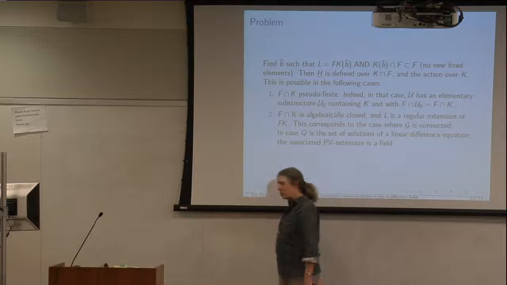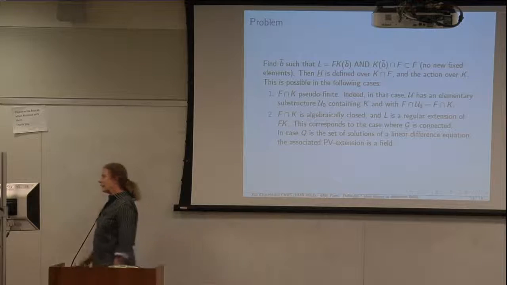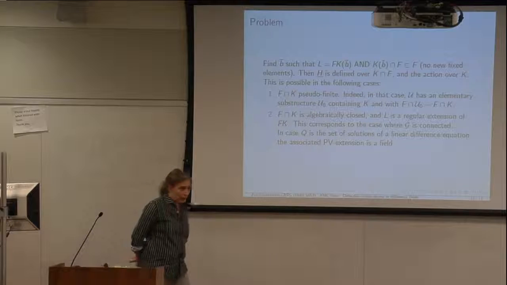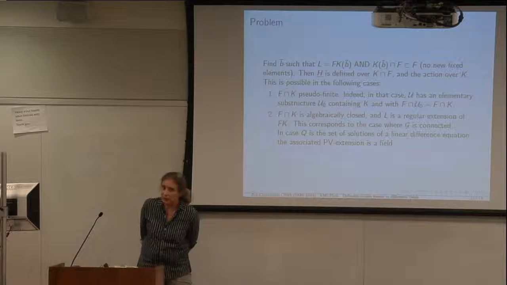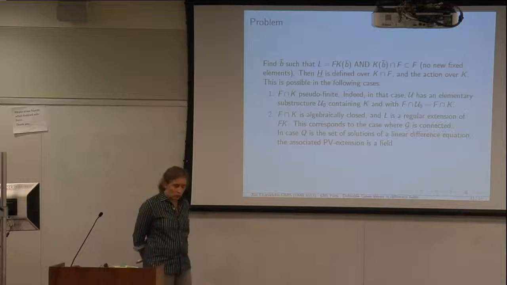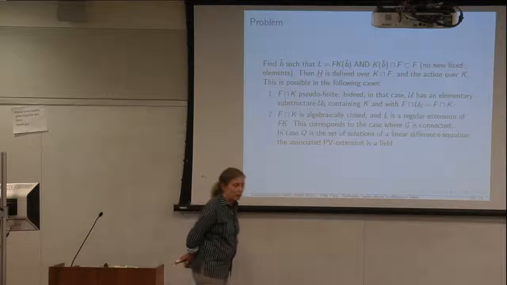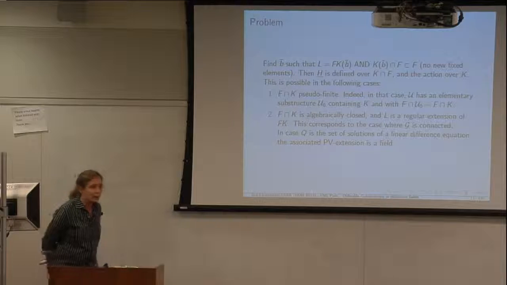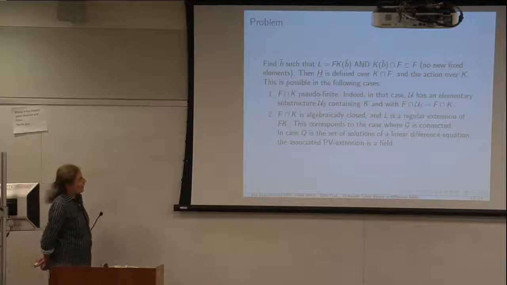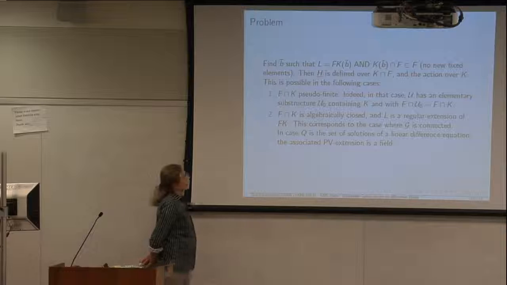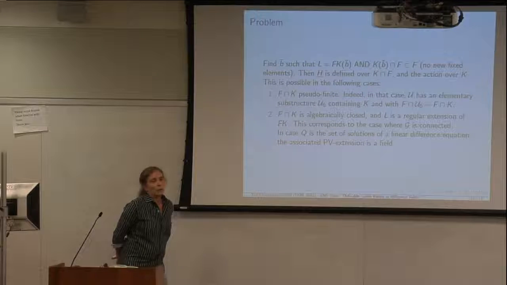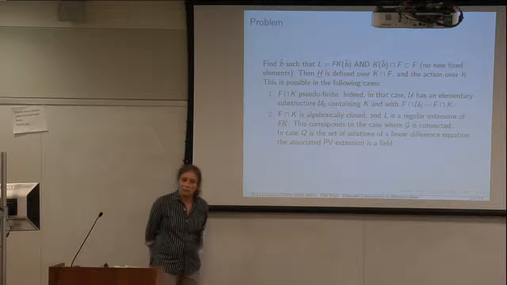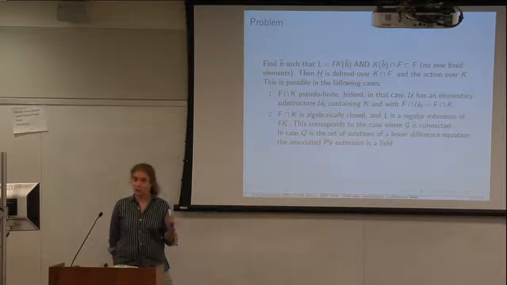Remember that if L is not a regular extension of FK, this is because it contains elements which are in the algebraic closure of F, not in F. So it's going to contain elements, for instance, which satisfy sigma squared x equals x, and sigma of x different from x. So you can certainly not specialize this situation to something where the fixed part lives inside an algebraically closed field.